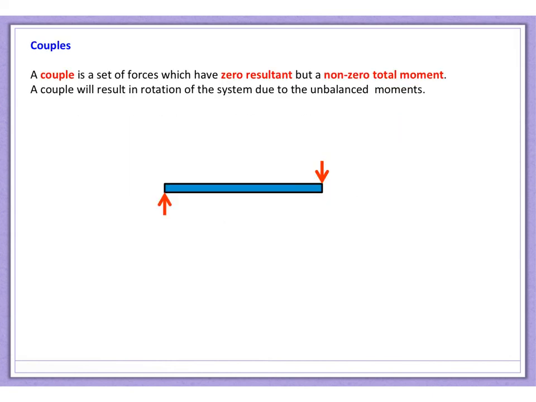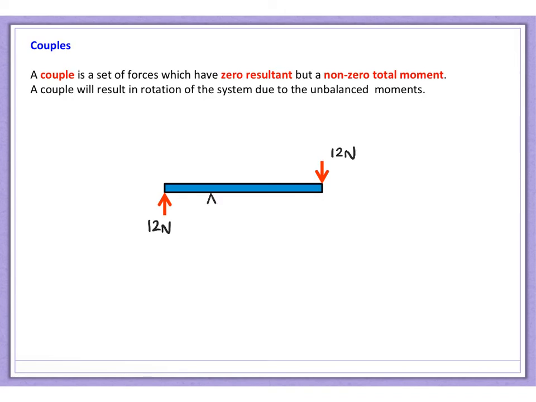So let's have a look at a slightly different concept, a couple. Now, a couple is a set of forces which have a zero overall resultant but a non-zero total moment. So let's look at the diagram below to illustrate this. So I've got a 12 Newton force over here and a 12 Newton force over here.